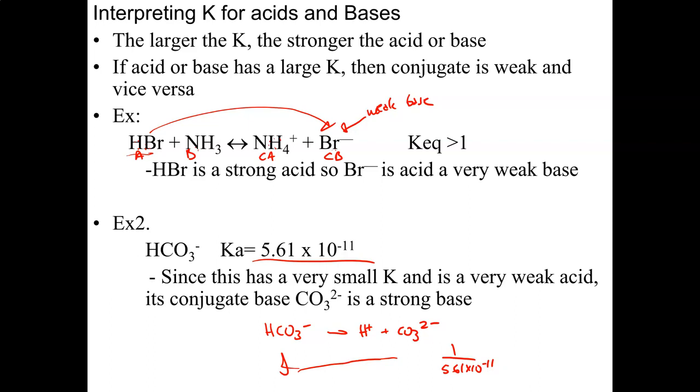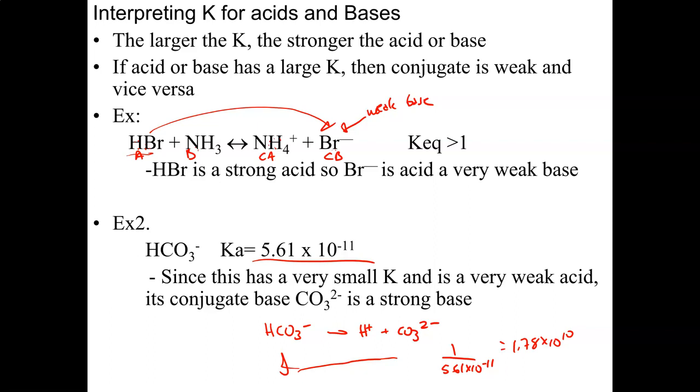1 divided by 5.61 E negative 11. You get 1.78 times 10 to the 10th. Look how large that K is.